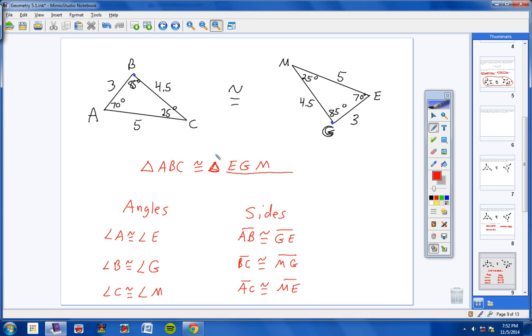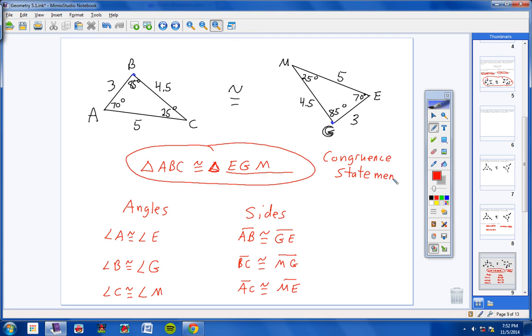So what we did here, guys, don't forget what this is called, okay? This is called writing a congruent statement. Easy to do, but very important. So if I ask you to write a congruent statement involving triangles, make sure you can do that. And then here, I just wanted you to list out the congruent angles and then list out the congruent sides.